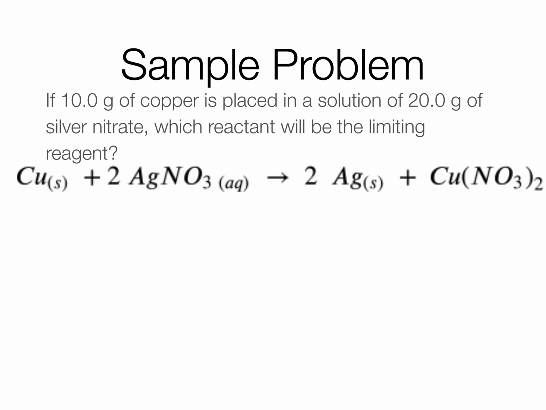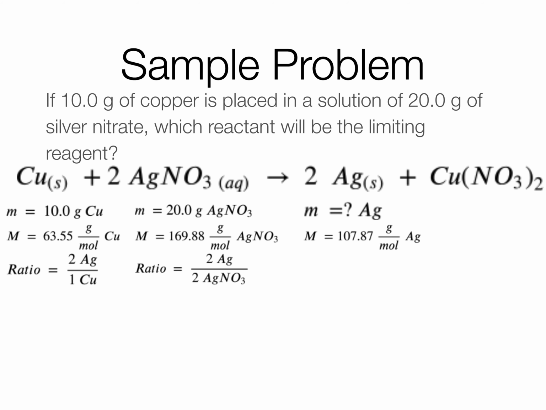That also means that we're going to produce silver as a pure element, and we're going to produce copper 2 nitrate. In order to balance out the nitrates in the copper 2 nitrate, though, we need 2 moles of silver nitrate, and because we have 2 moles of silver nitrate, we also need 2 moles of silver. So our balanced ratio is 1 to 2 to 2 to 1.